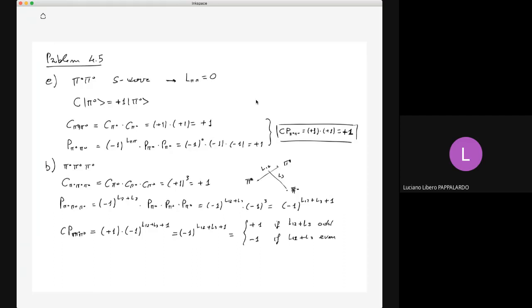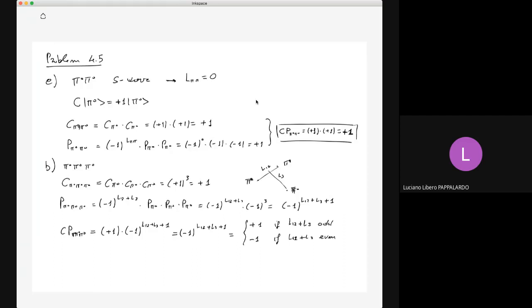The condition that we have to impose now in order to solve the ambiguity is that we are dealing with a system of indistinguishable bosons, right? 3 pi zeros. And so the total wave function must be symmetric under exchange of any of those.